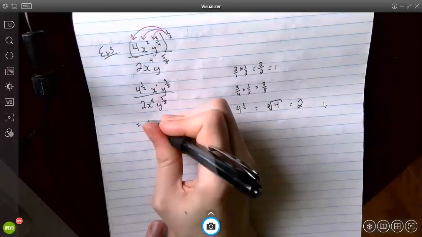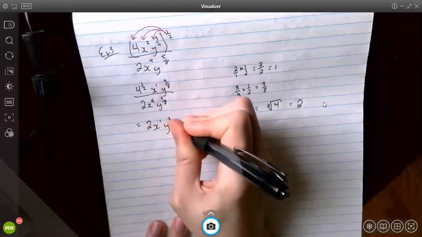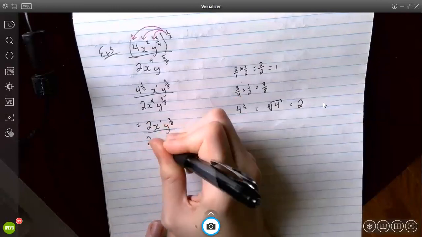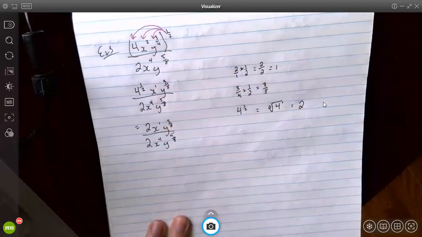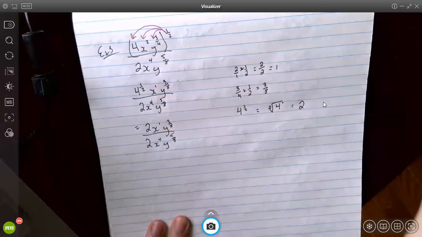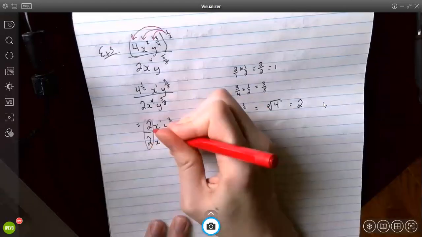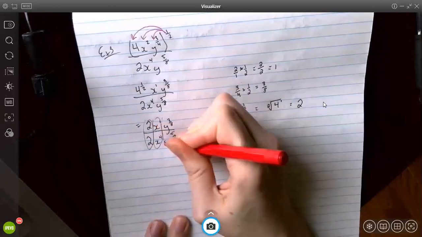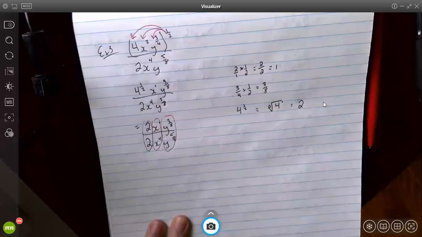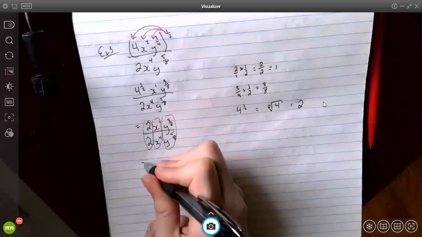So that leaves me with 2x to the power of 1, y to the power of 3/8 over 2x to the power of 4, y to the power of 5/8. Now I can just simplify my whole numbers, my x's and my y's, all separately. 2 divided by 2 is 1.